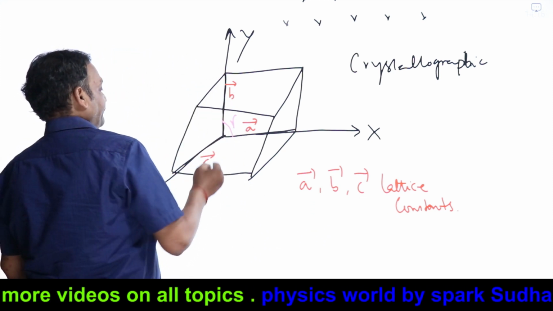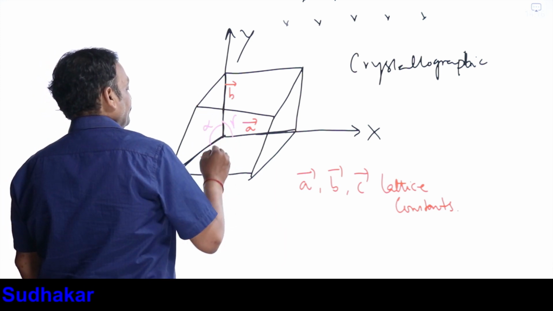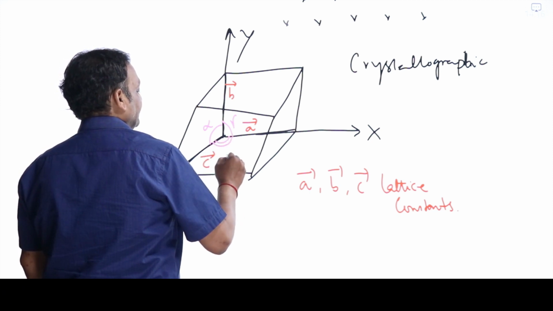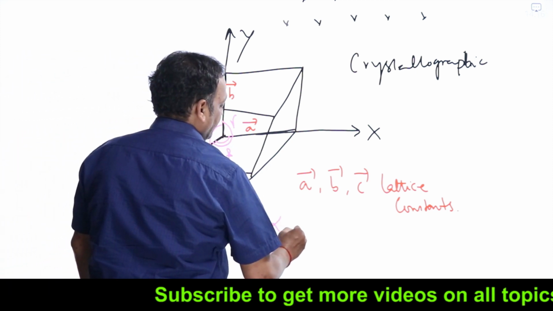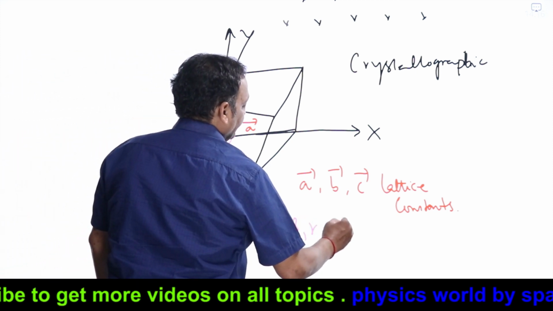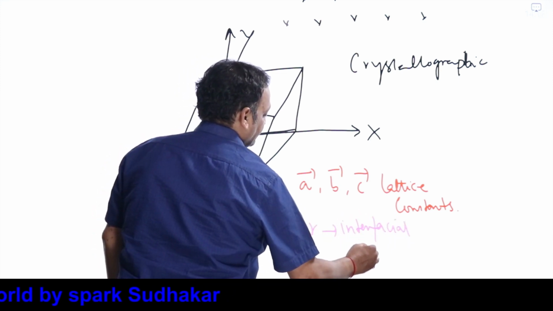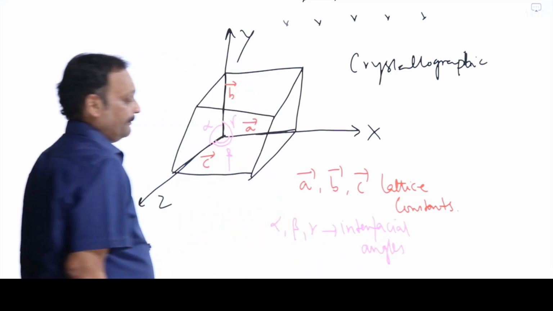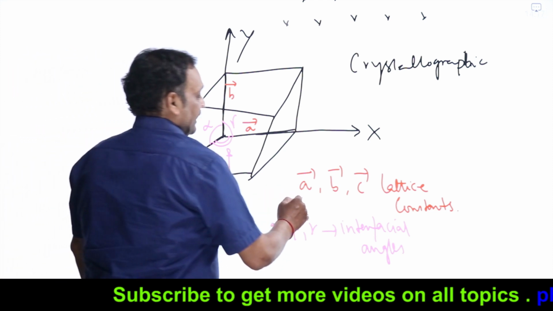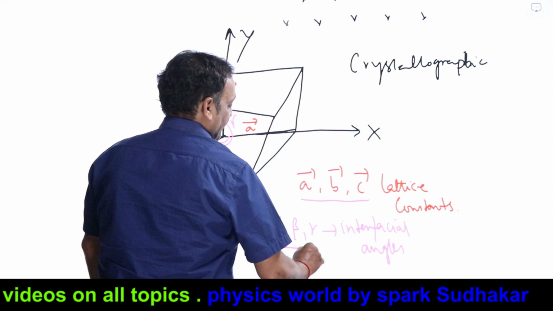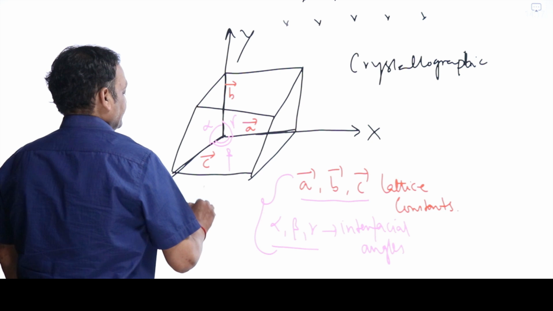The angle between y and z, I'll take it as alpha, and the angle between x and z, I'll take it as beta. Alpha, beta, gamma are called interfacial angles. A, B, C are called lattice constants. These lattice constants a, b, c and interfacial angles alpha, beta, gamma put together are known as lattice parameters.